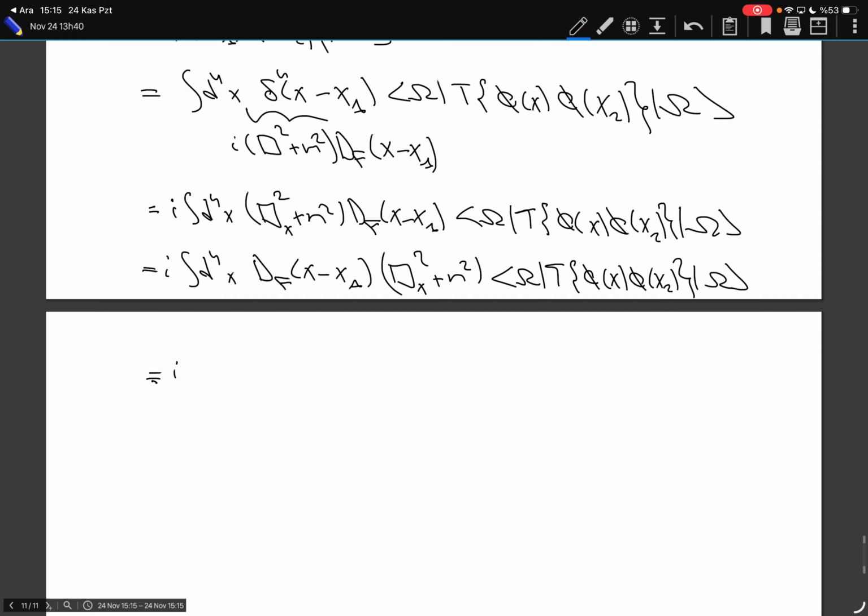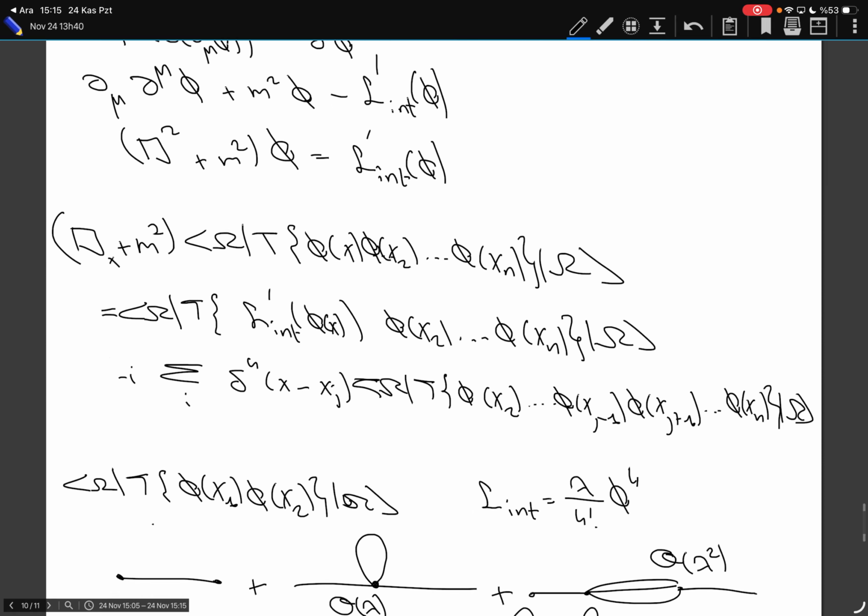This is equal to i ∫ d⁴x. Now I know how that operator acts on the matrix element of the time ordered product. Remember, this is the expression I have.